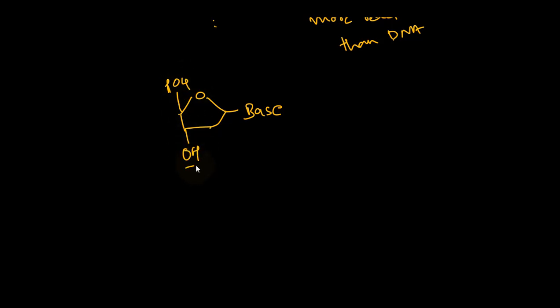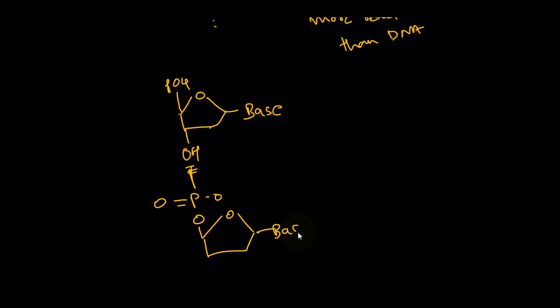At the 3' end of one nucleotide, there is attachment of the 5' phosphate group. There is only oxygen here, attached with the phosphate group. At the free OH group, the oxygen reacts with the phosphate, and this oxygen is on the 5th carbon. This is the next nucleotide. The base is attached here, right?